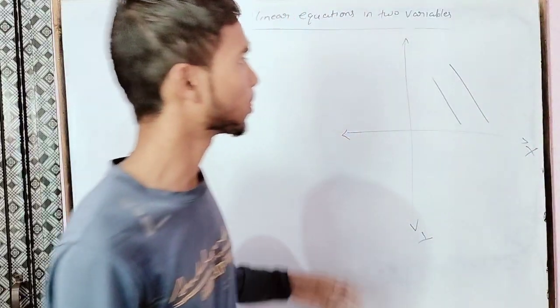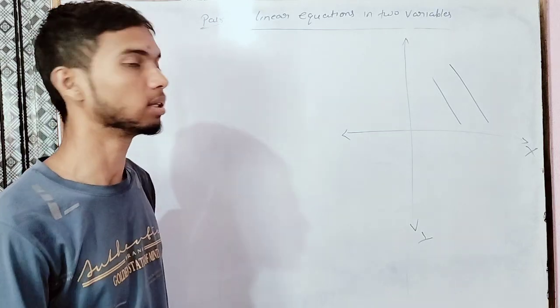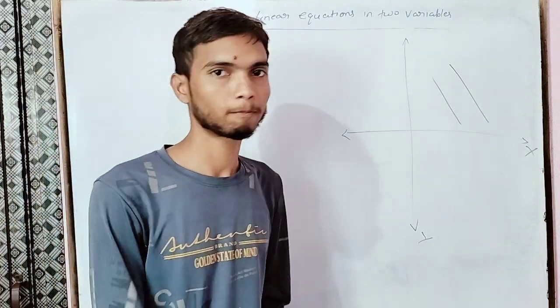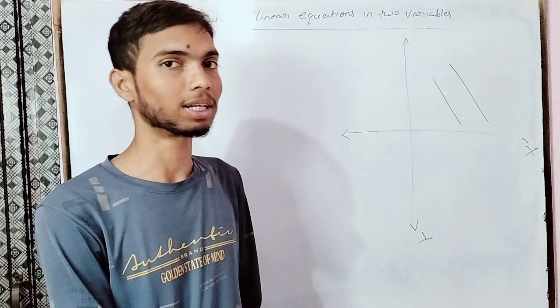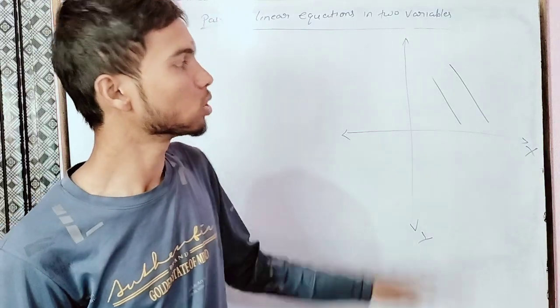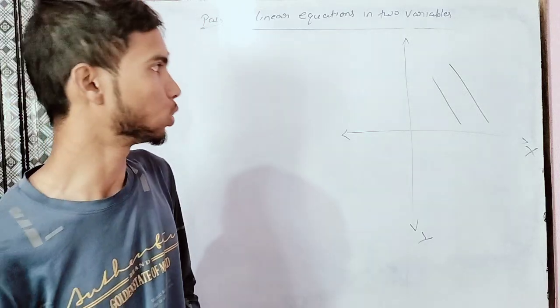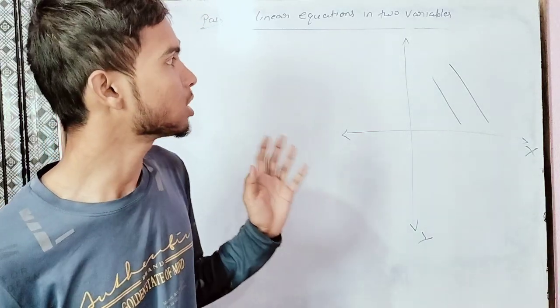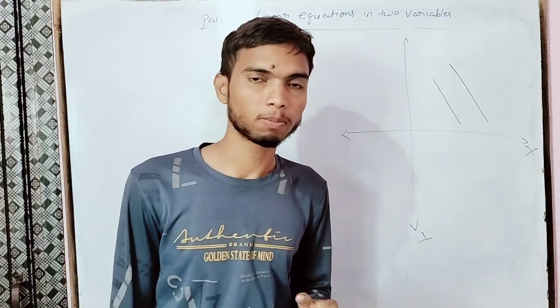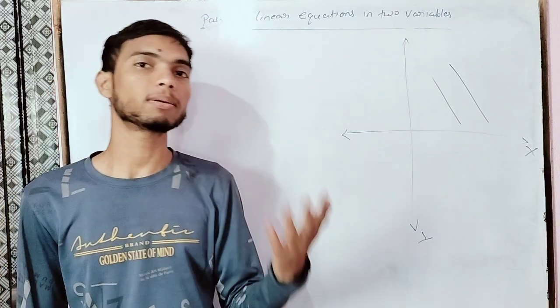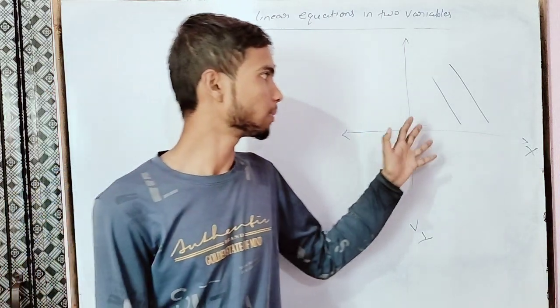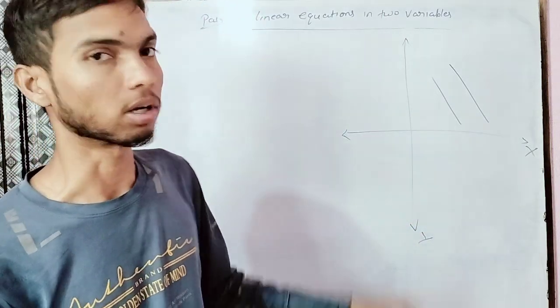So both are the straight lines of a pair of linear equations. Here, these two lines are parallel to each other. So the first pair of linear equations can make this type of figure.